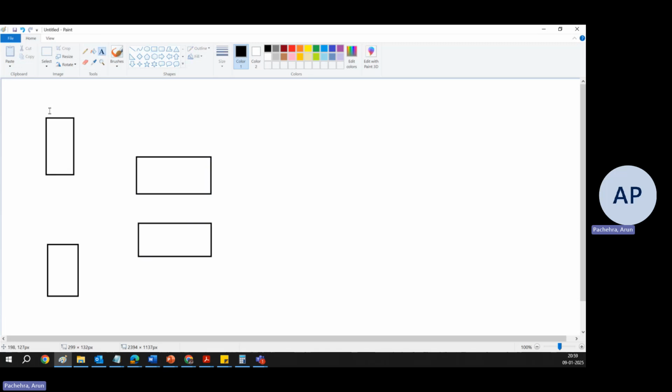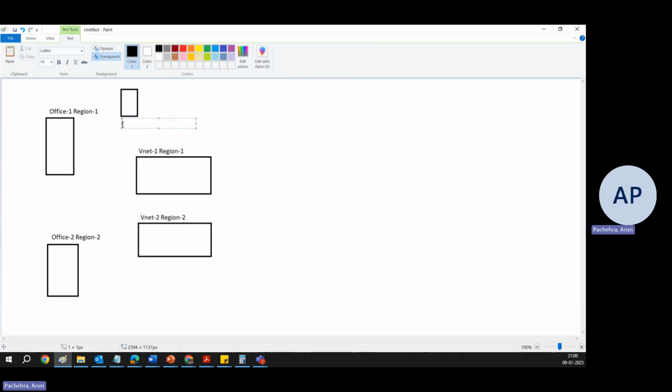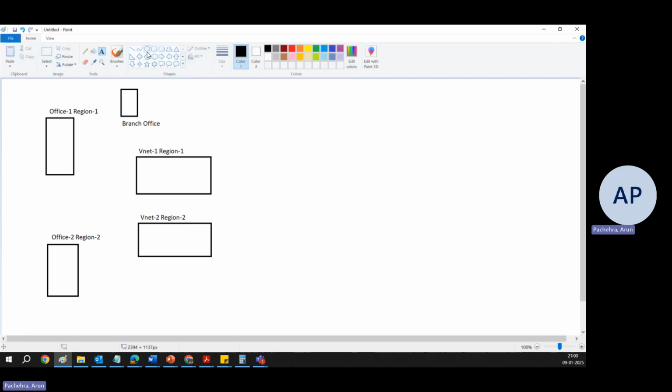We should quickly update it, and just for the sake of understanding, we should have one more thing which is called a branch office. Let's suppose we also have a branch office in region 1. This is for the diagram, but in reality, for this scenario, there will be multiple branch offices in every region, but we have limited space here.